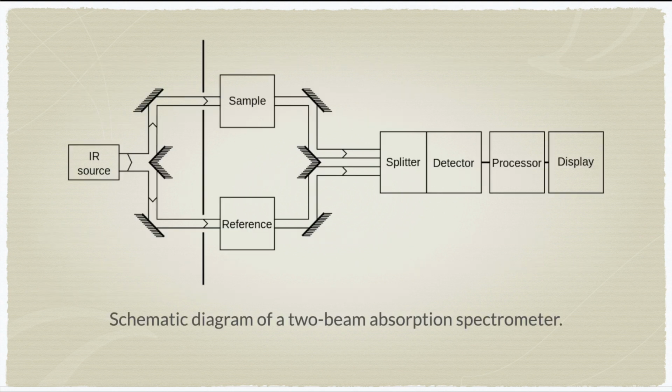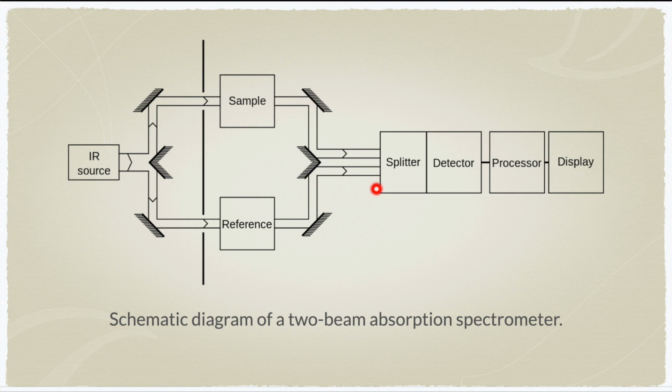We'll have a look at the schematic diagram of an absorption spectrometer, and in this case it is for IR spectroscopy. As you can see here, we have a beam of infrared light from the IR source, and this beam is split into two regions, similar to that of UV visible also. One will pass through the reference and one will pass through the sample.